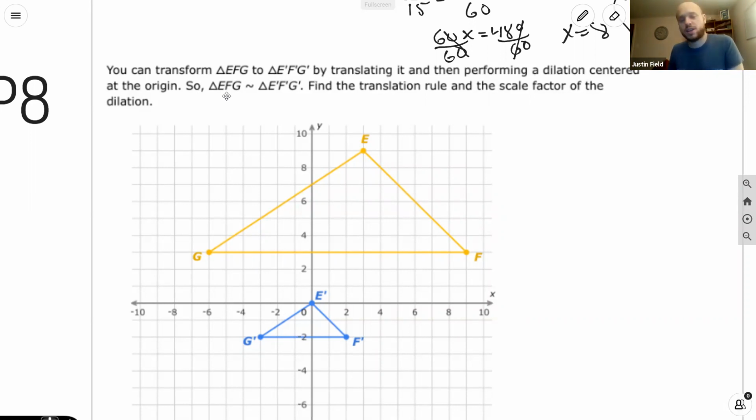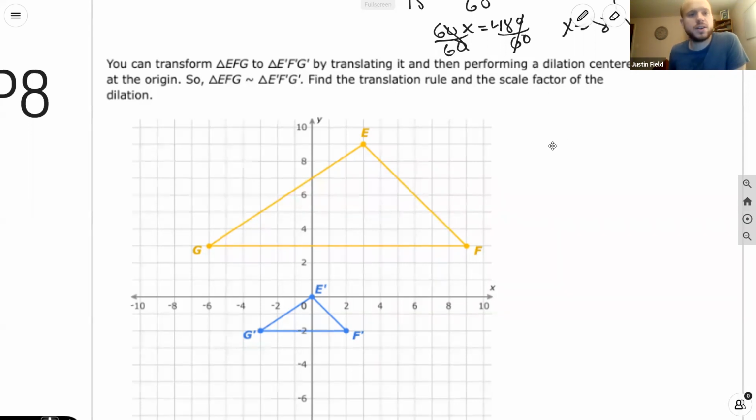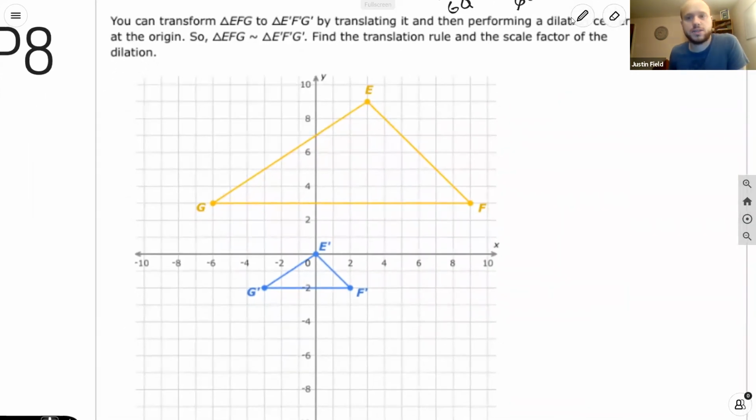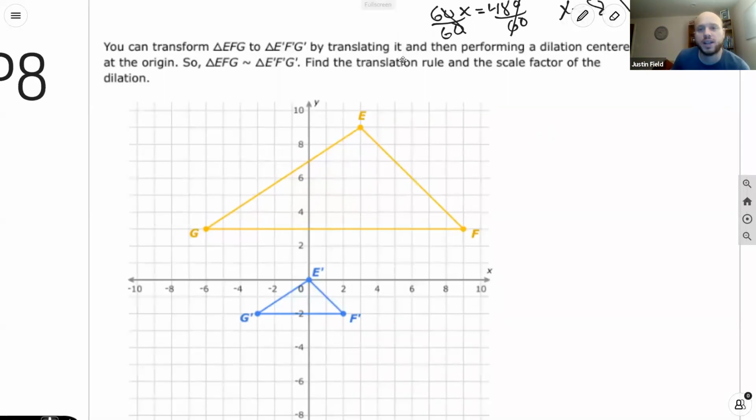So triangle EFG is similar to triangle E prime, F prime, G prime. Find the translation rule and the scale factor of the dilation. So it says we can translate it and then dilate it about the origin.